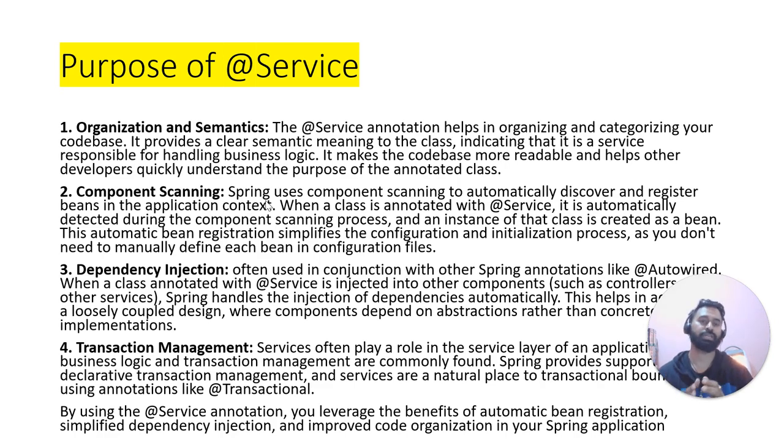It makes the code base more readable and helps other developers quickly understand the purpose of the annotated class. Basically, it divides your classes into a service layer, and the developer can easily understand the code. They can read the implementation, and they will know that it is a service layer. So basically the business logic will be there, right?